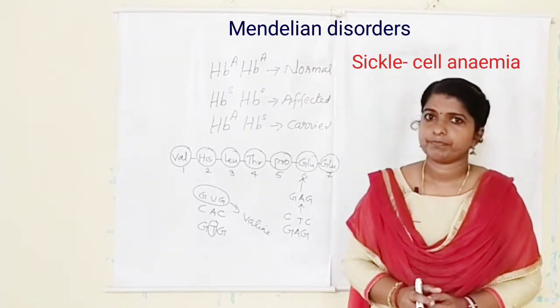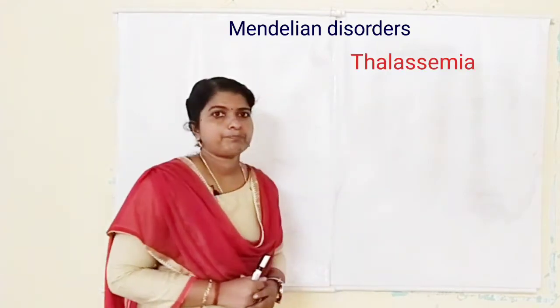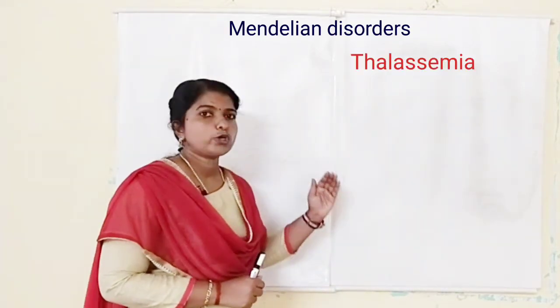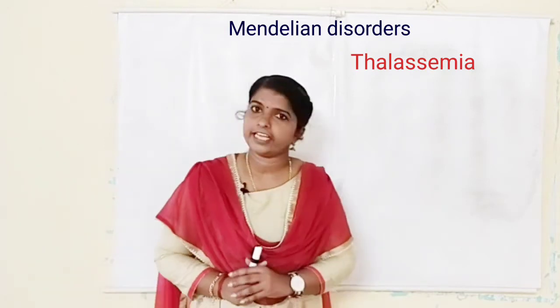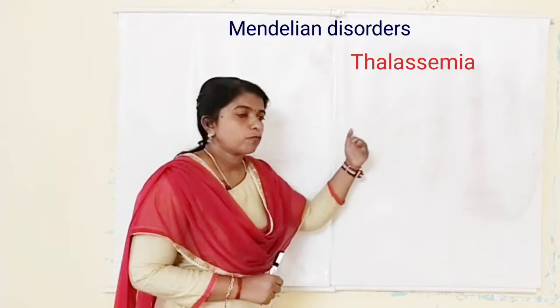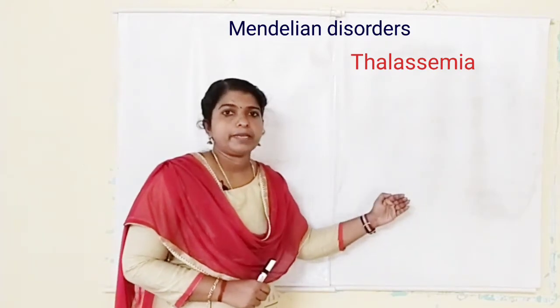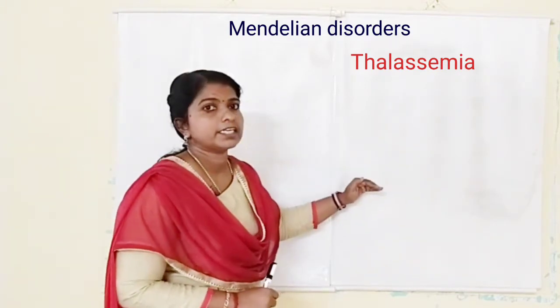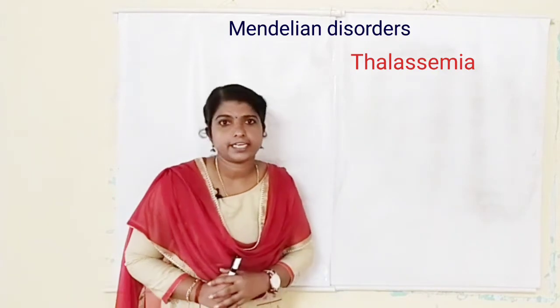Clear? Next disorder is thalassemia. It is another autosome linked recessive inheritance. Here also the offsprings become thalassemic when both the partners are unaffected carriers.